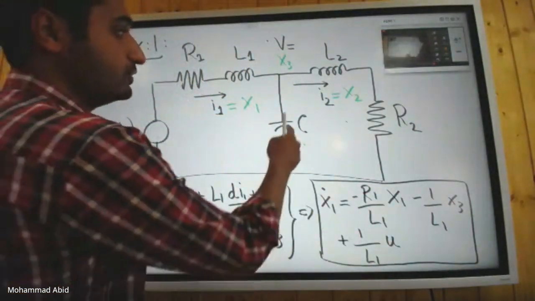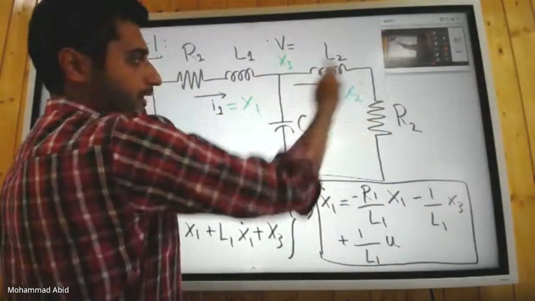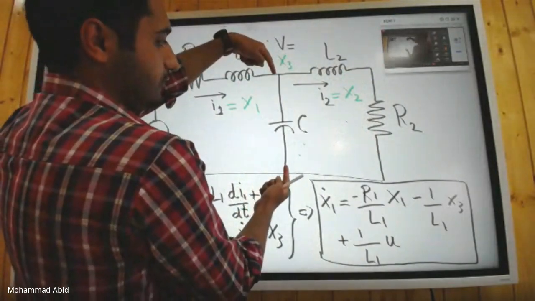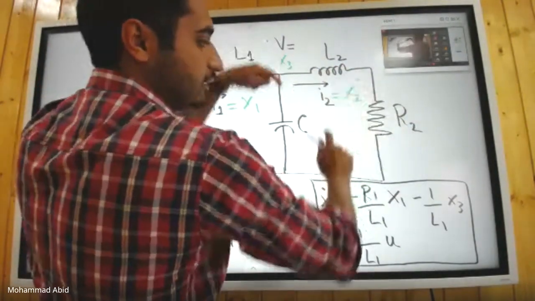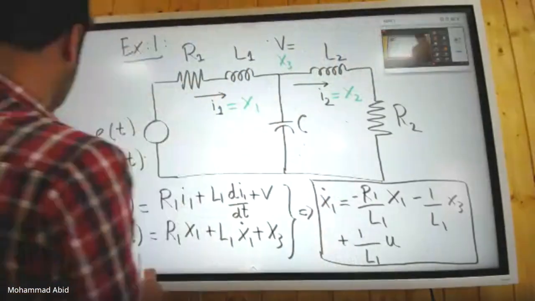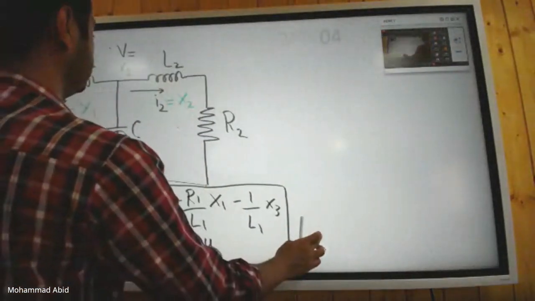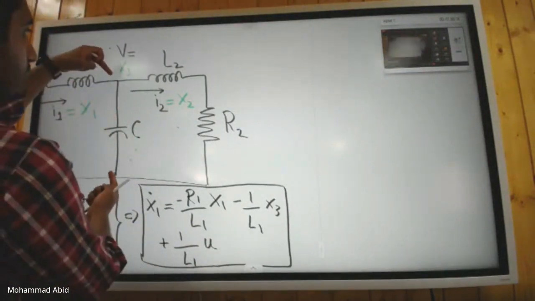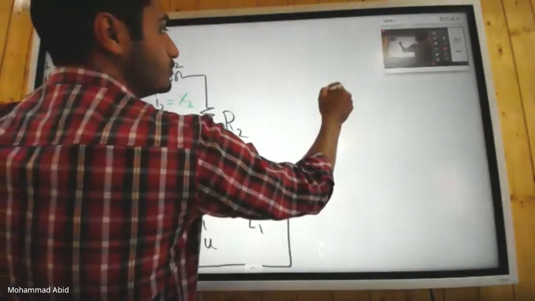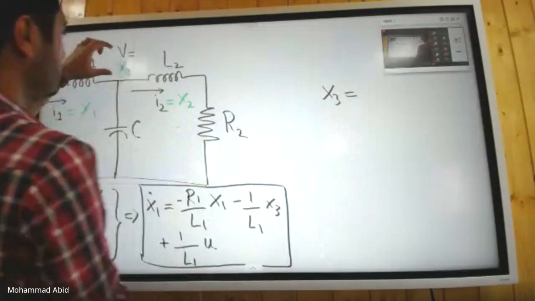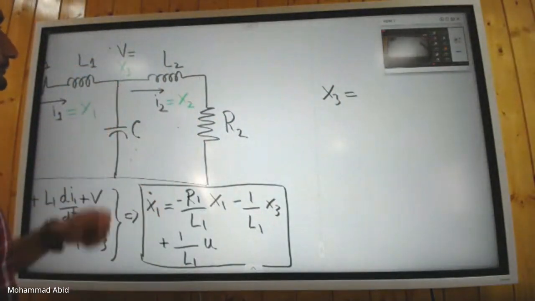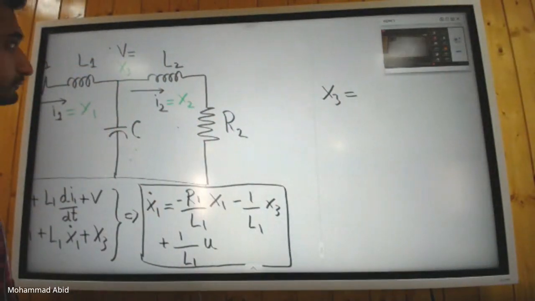Now do the same for this loop. This voltage will be the sum of these two voltages. Here, this voltage is X3. So X3 is equal to what? What's this voltage, L di by dt, in terms of X2?